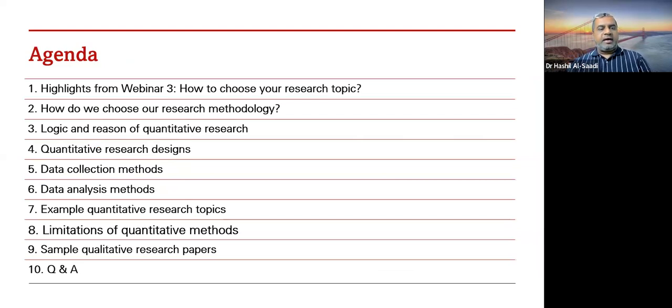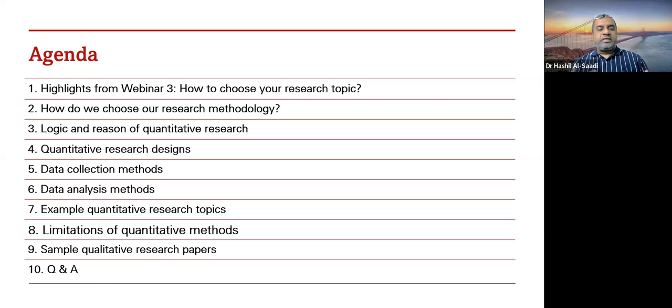So let's look at our agenda for today. We will start off by highlighting some of the points we covered in the previous webinar, webinar number 3, and the topic was how to choose your research topic. We will then proceed to how we choose our research methodology, the logic and reasons of quantitative research, and the quantitative research designs, the different designs that you could choose that suit your research topic and research questions.